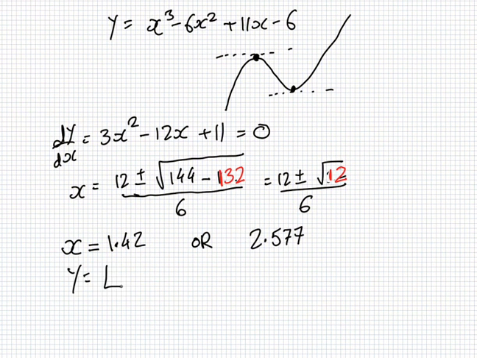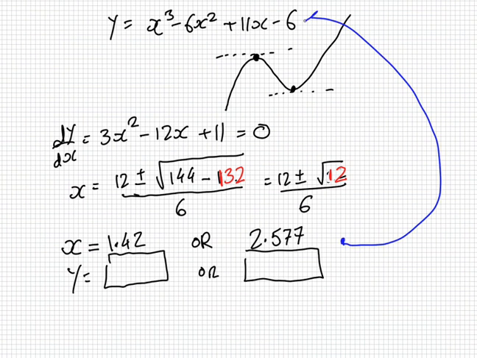Now look, I won't bother to do it because you know how to do it. How do I get the y values here? I just take these two answers here and substitute them back in here. Go ahead and do it. I don't want to disappoint you. So give me the two y values, please.